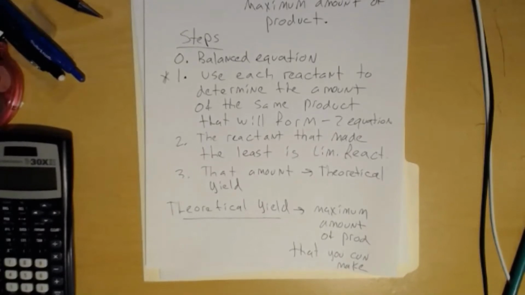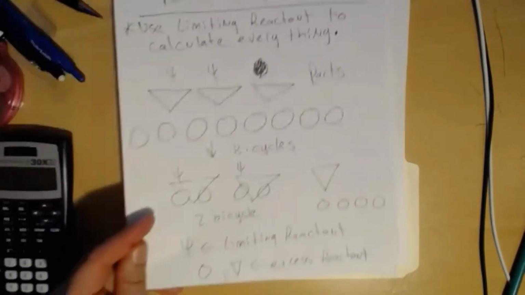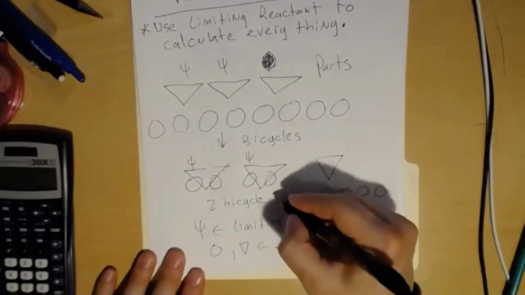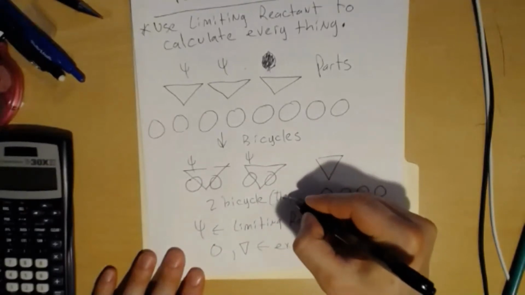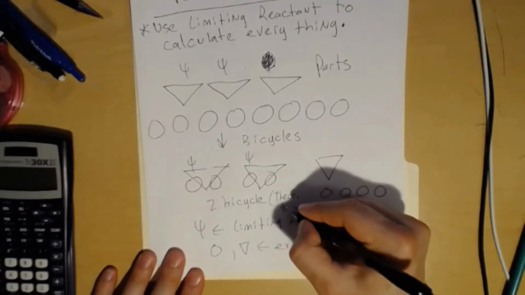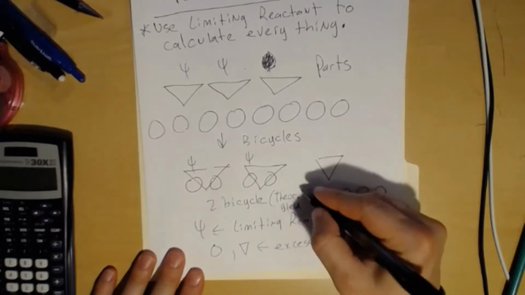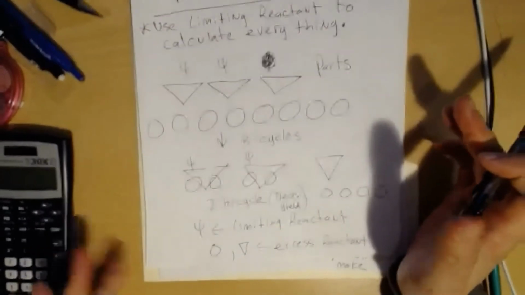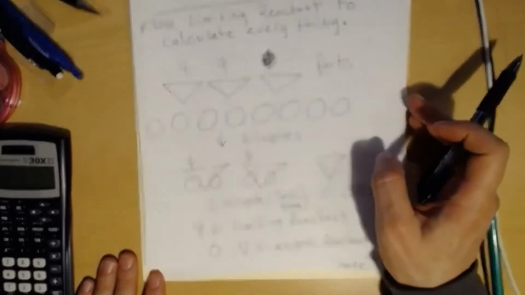Just for a second, let's go back to the bicycle factory. What was the maximum amount of bicycles that we could make? A whole 2? Yeah, so 2 bicycles, that's my theoretical yield. I suppose if the bike mechanic really cranks on one of the handlebars and breaks it, then I don't get to actually make 2 bicycles.